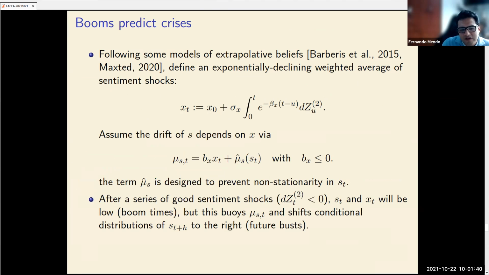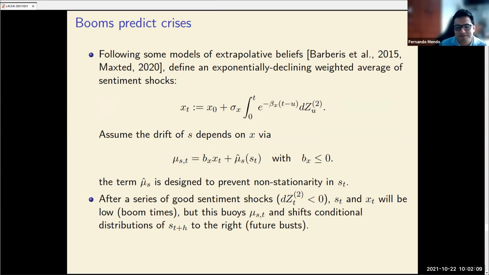If you have a series of good shocks, X accumulates these shocks and tracks where the sentiment is. With a negative dependence of the drift of S on this X, after a series of good sentiment shocks, which means a negative X, the sentiment S is going to be low, meaning pessimism is low.